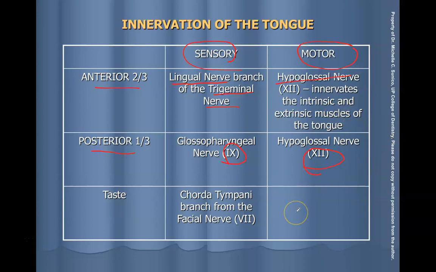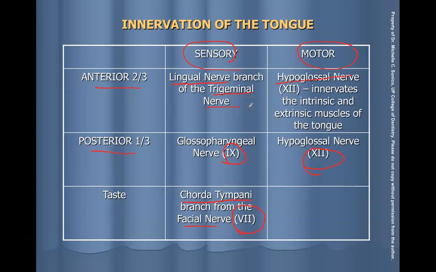Now, as for the sense of taste, it comes from another cranial nerve, which is cranial nerve 7, through a special branch called chorda tympani from the facial nerve. So as you can see, the tongue has several nerves innervating it.